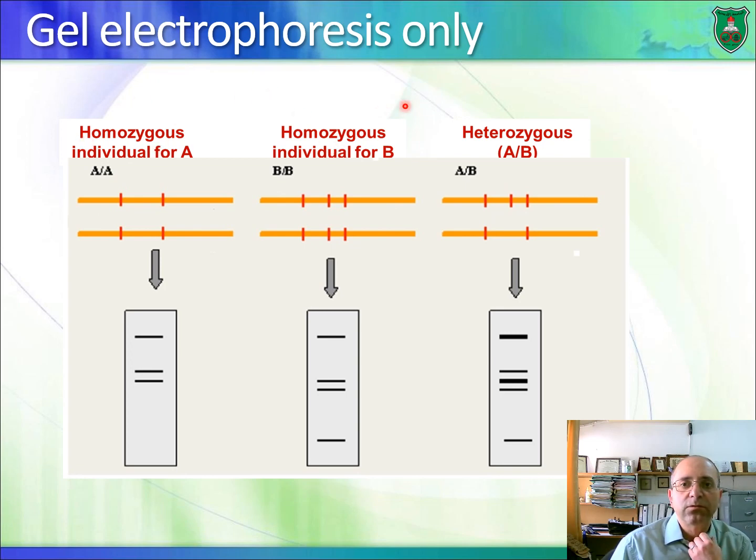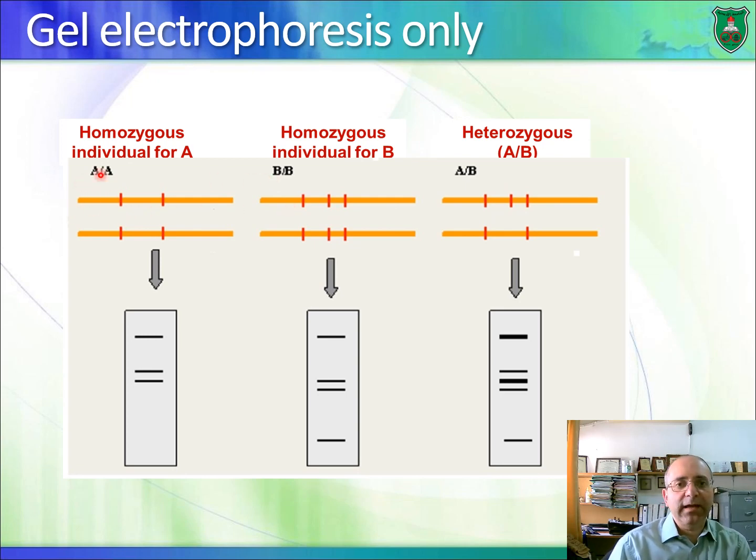Okay, 1, 2, 3. And for a particular location on the DNA of these individuals, there are 2 possible alleles. You have allele A and you have allele B, depending on the sequence.